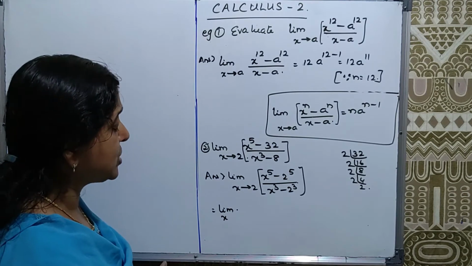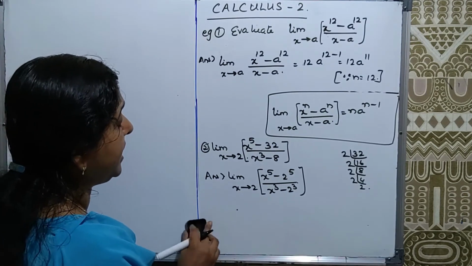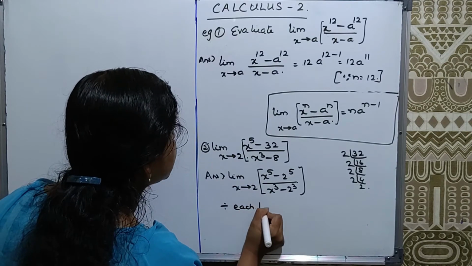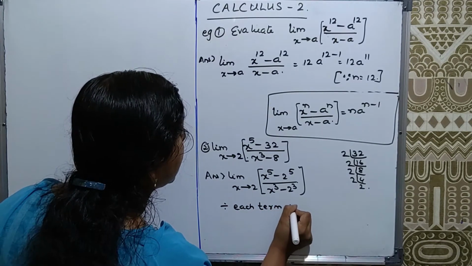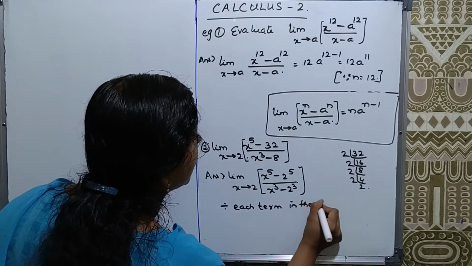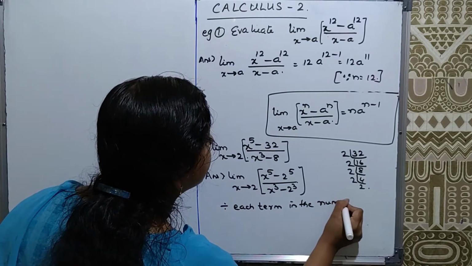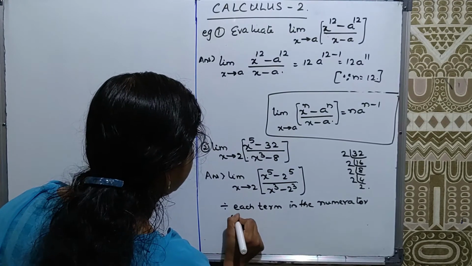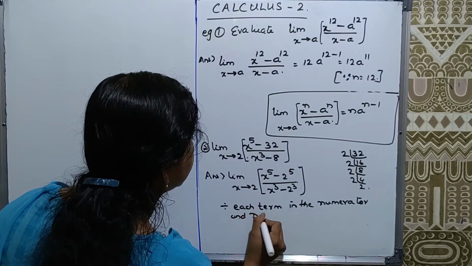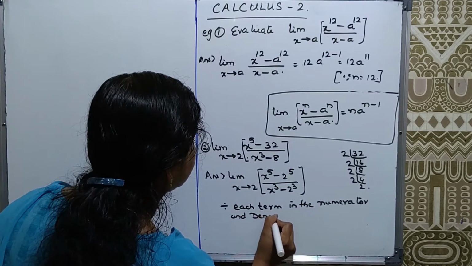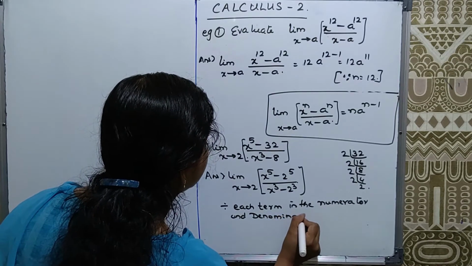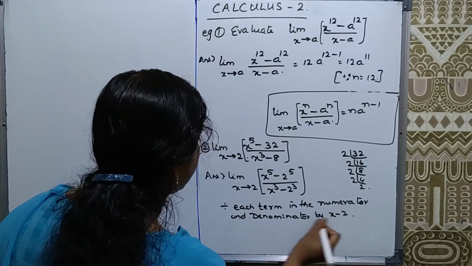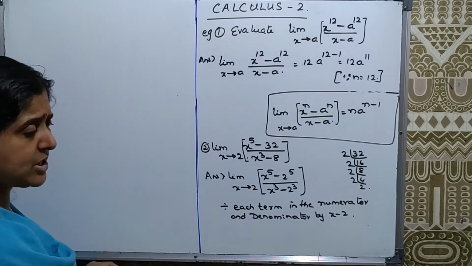We are dividing each term in the numerator and denominator by x minus 2.